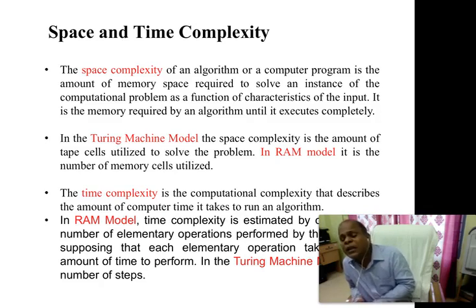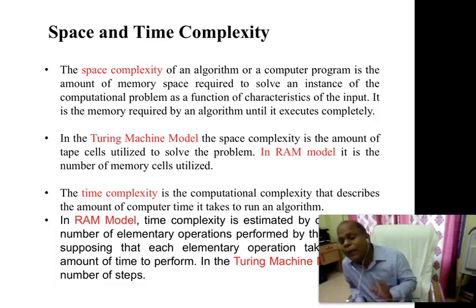Now, in case of the RAM model, the time complexity of a particular algorithm is calculated by how many primitive operations the RAM model follows when implementing the algorithm. But in case of the Turing machine model, the number of steps the algorithm jumps from one state of the Turing machine to another state in order to reach the final or accepting state is called the time complexity of the algorithm.